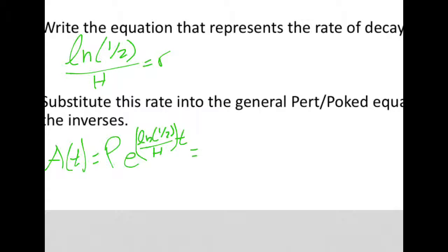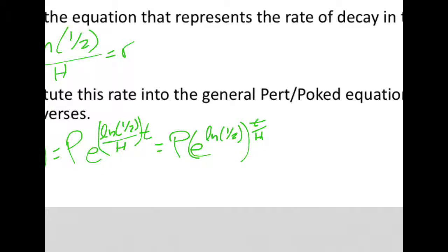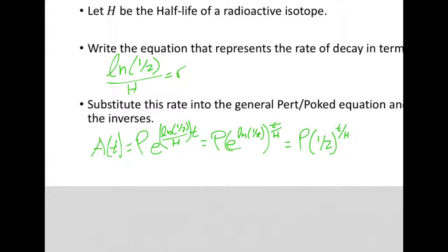Now we're going to simplify this a little bit and say this is the same as P times e to the natural log of 1/2, to the power of t over H. Just using some properties of exponents there, but notice what we have inside those parentheses. e to the natural log of 1/2 simplifies because e to the x and natural log of x are inverses. So we get P times 1/2 to the power of t divided by H. So we get this alternate form of an equation that allows us to solve half-life problems, which is pretty nifty.